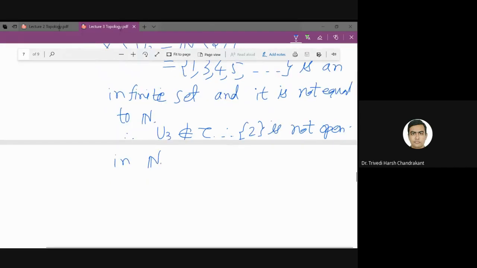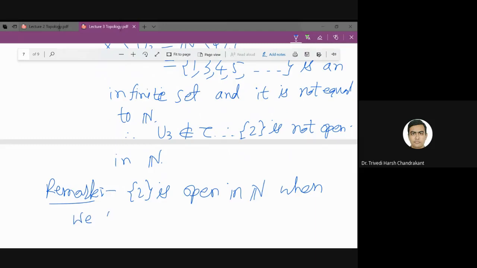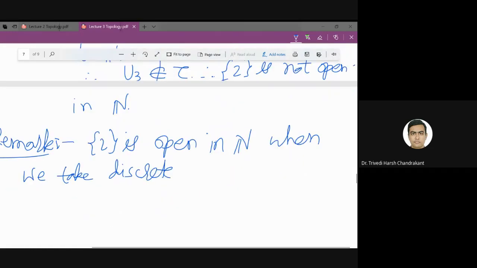So let us write that down as a remark. Singleton 2 is an open subset of N when we take the discrete topology.